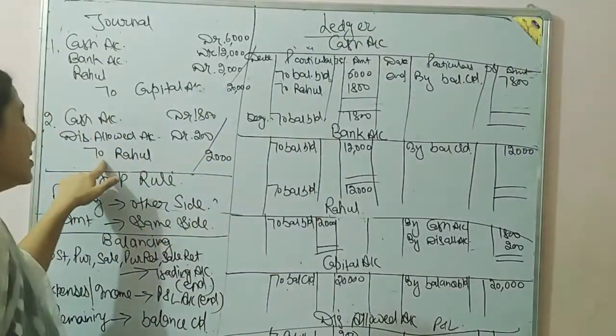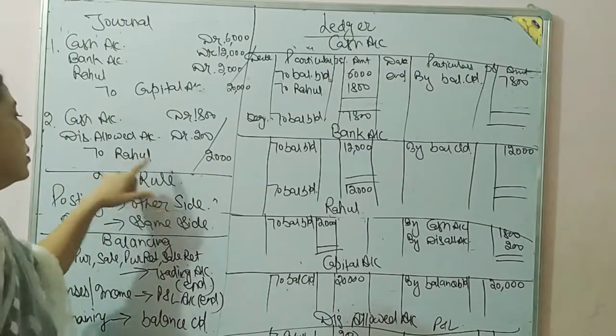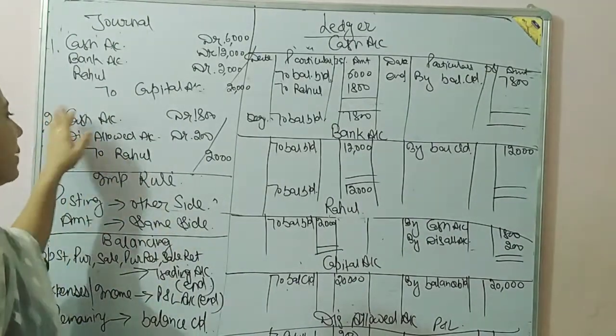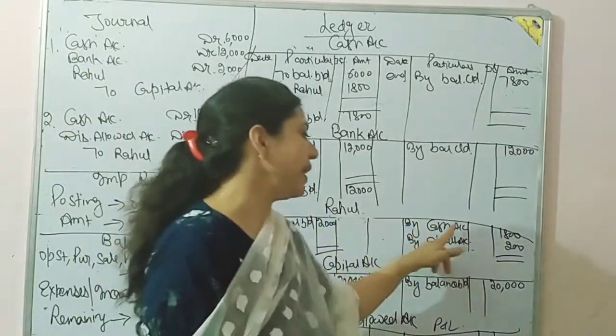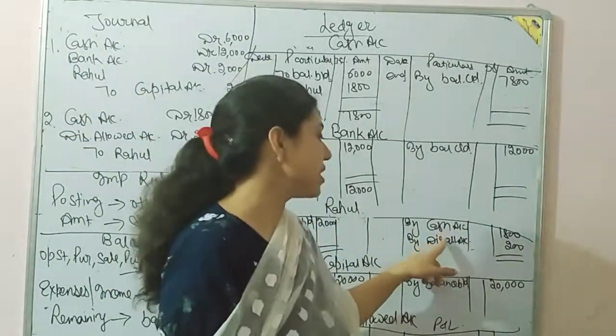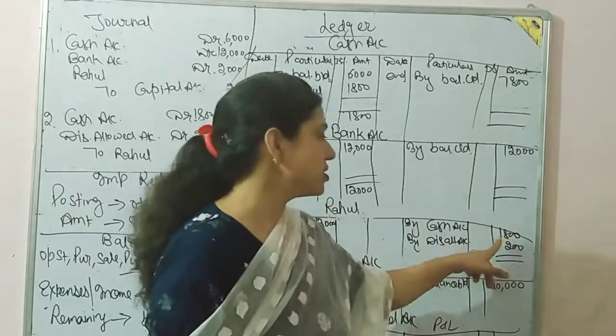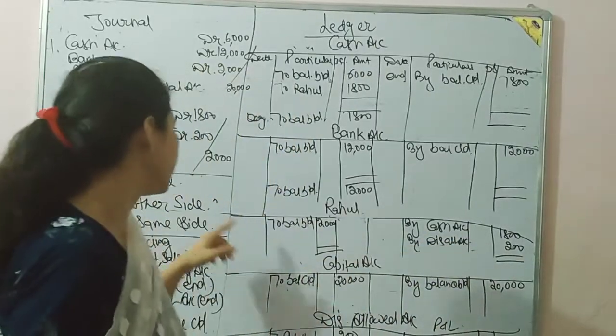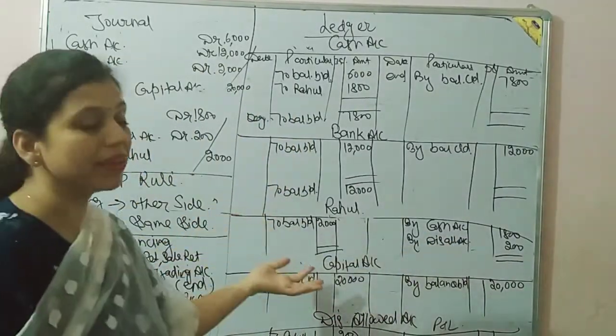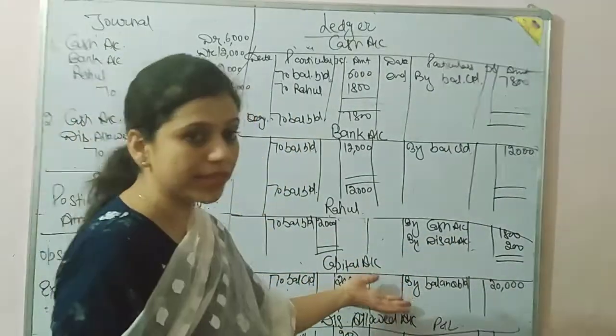So how will these entries be posted in Rahul? In Rahul we will write by cash and by discount allowed account. Cash is with 1800 and discount allowed is with 200. So in this way we post the entries into the ledger.